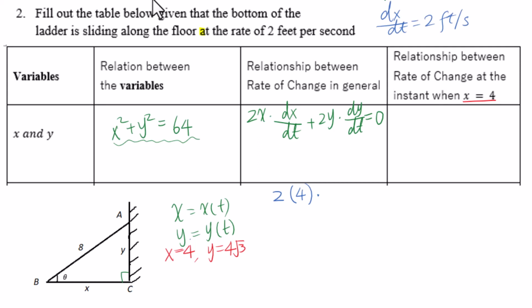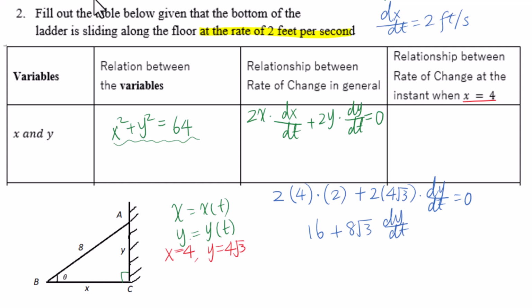According to this information, we know dx by dt equals 2 feet per second, times 2, plus 2 times 4 square root of 3 times dy by dt equals 0. 16 plus 8 square root of 3 dy by dt equals 0.